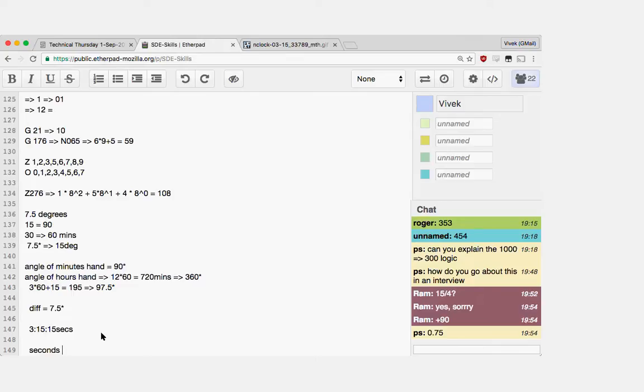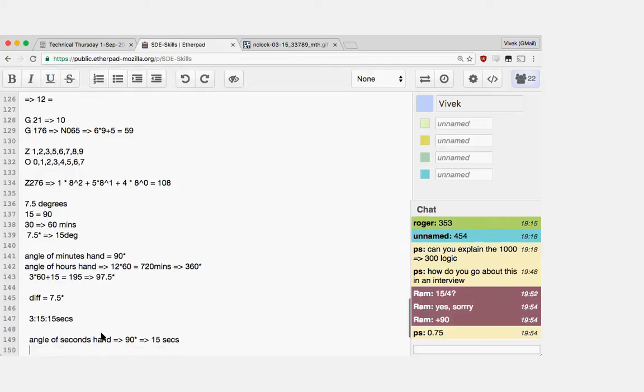Right. So in terms of seconds, the second hand has moved 90 degrees in the 15 seconds, right? The minute hand would have moved in 15 minutes and 15 seconds, that's 15 into 60 plus 15, so that is 915 seconds total.